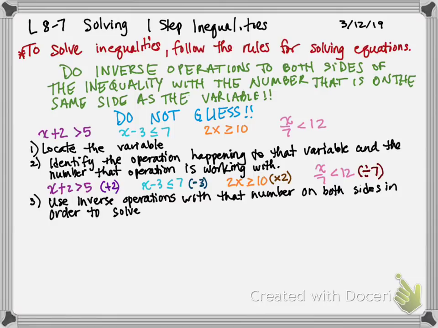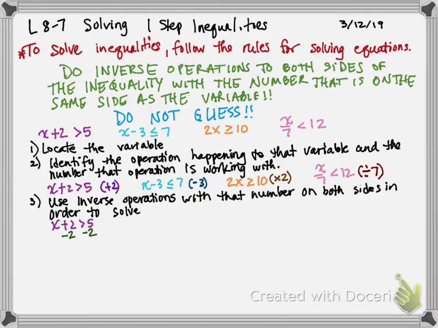Okay, so we're going to take x plus 2 is greater than 5, and the inverse of adding 2 is going to be subtracting 2. So we're going to subtract 2 from both sides.